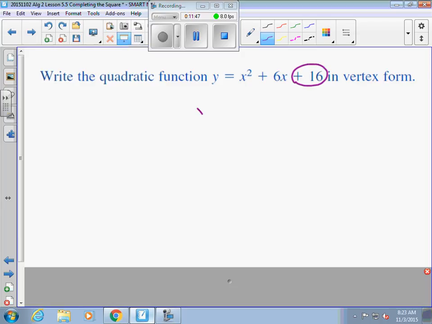So now what it's going to say is y minus 16 equals x squared plus 6x plus c. Find c. Take 15 seconds to find c. Remember what c is.